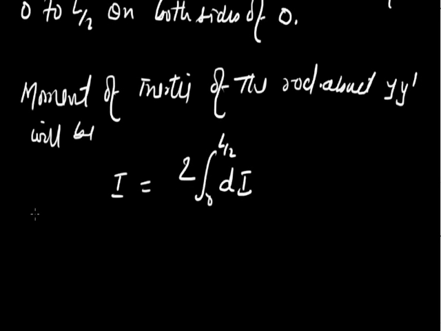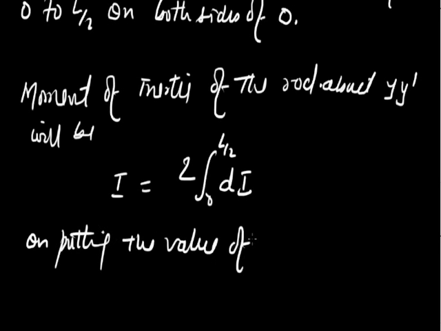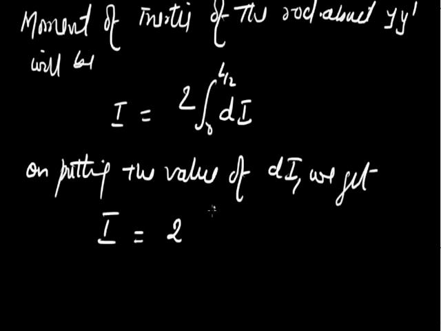On putting the value of dI, we get I will be 2 times the integration from 0 to L by 2 of M upon L x square dx.